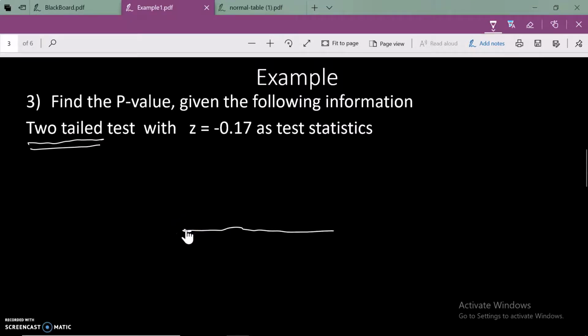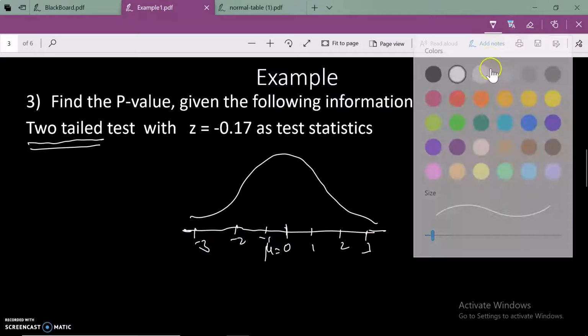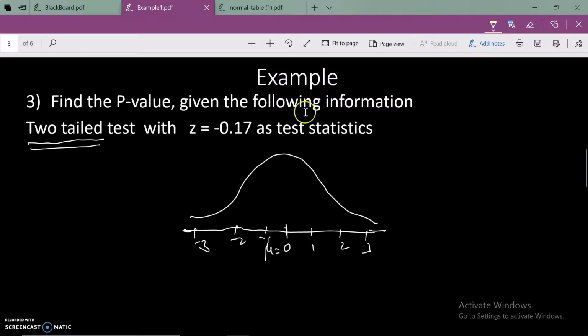First you draw a normal curve. Exactly in the middle is the mean value 0, and we have standard deviations 1, 2 and 3, and then minus 1, minus 2, and minus 3. Now we are going to look at the value minus 0.17.